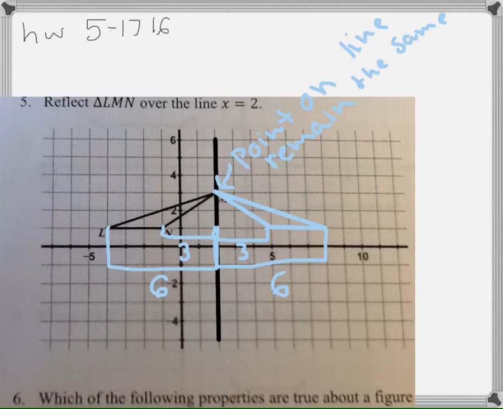But N is not the same distance away from N prime as L is from L prime because it's all dependent on how far away it is from x equals 2. So where N could be 6 units away from N prime, L, even though reflected over the same line, is 12 units away from L prime.